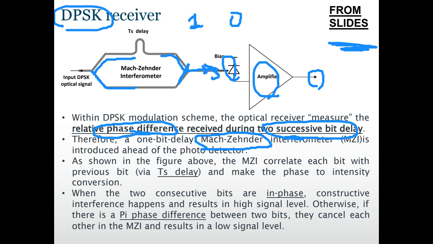And so on one arm, we have a delay that's set to be a symbol period. So we interfere the signal with its own delayed version. And when the 2 consecutive bits are in phase, it means we didn't change the optical phase. So it's logical 1. If they are out of phase, then it's logical 0. So we can decide this based on the intensity here.